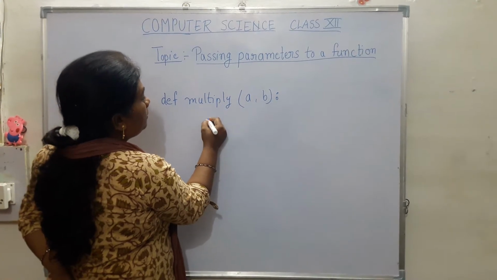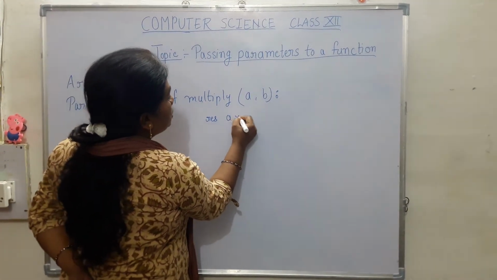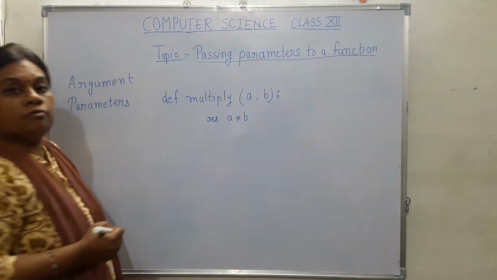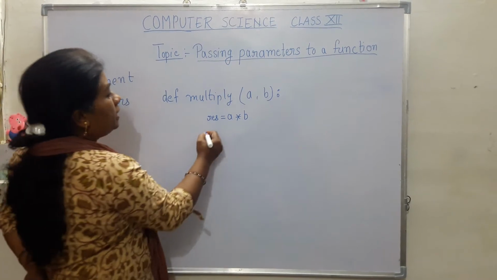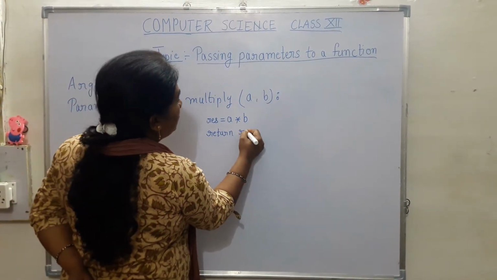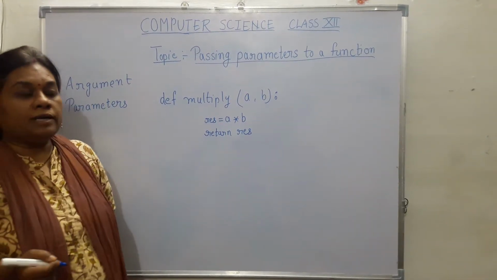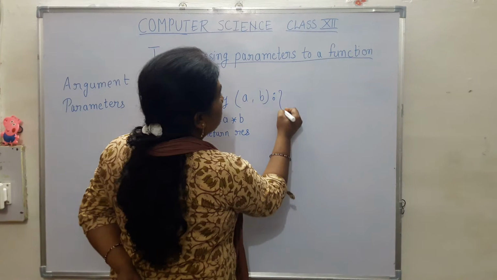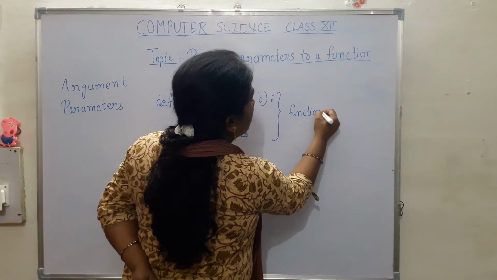It will calculate the multiplication of these two values: result is equal to a into b, and it will return the result. This whole thing is called the function definition.